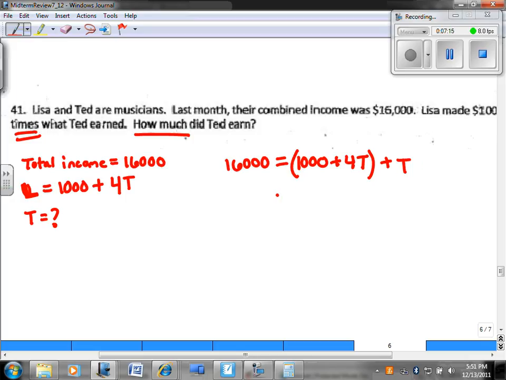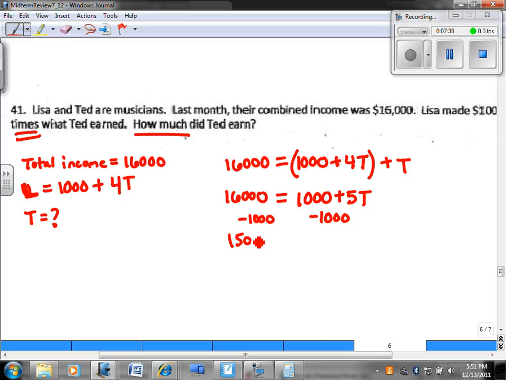So now we just need to solve. 16,000. Okay, $1,000 plus 4T plus T. So we have 1,000 plus 5T. We're going to solve by first subtracting $1,000 from each side.